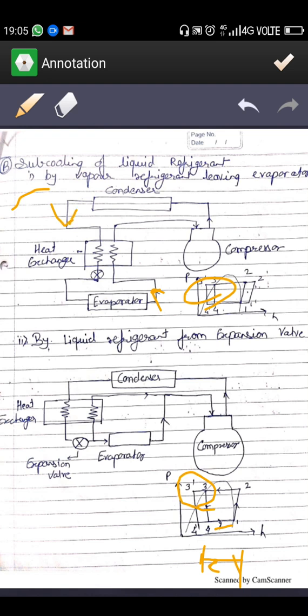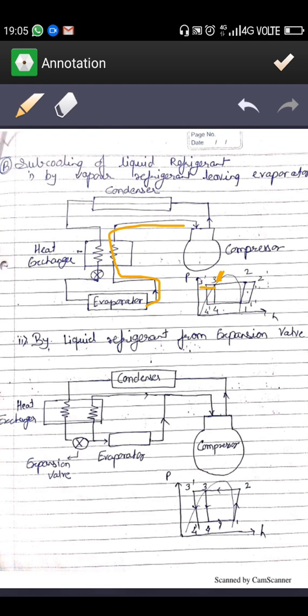To reduce the temperature of this liquid from point 3 to 3 dash, we pass the vapor coming out of the evaporator through a heat exchanger, where it absorbs heat from the liquid refrigerant, and this liquid refrigerant becomes subcooled from point 3 to 3 dash.